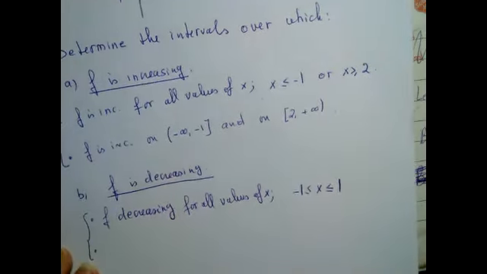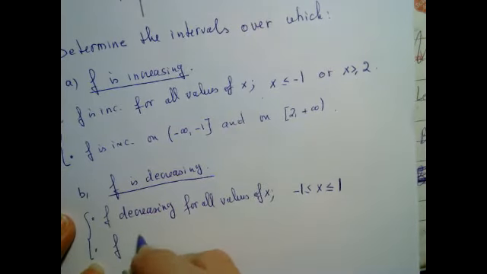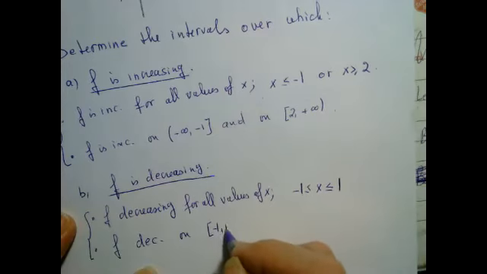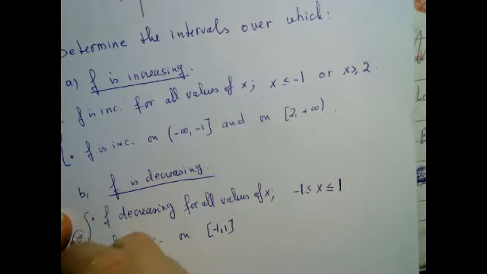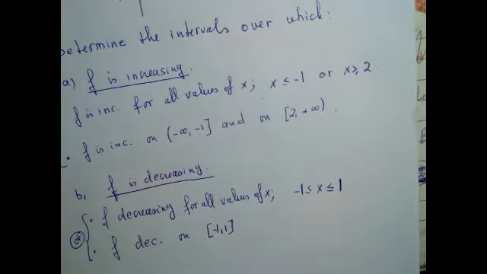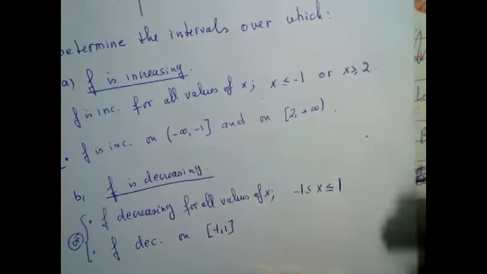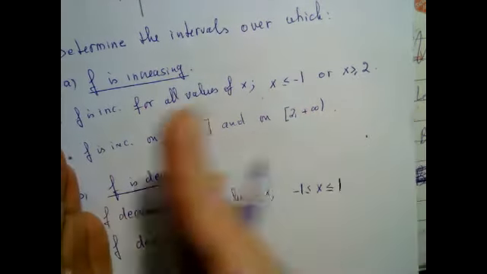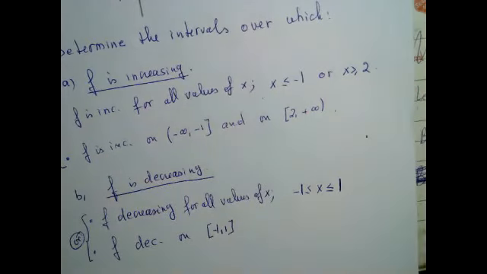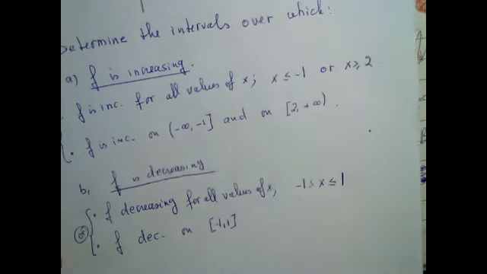That's how we write it. Or you can say f decreasing on the interval (-1, 1). Either way, describe it. So f does not decrease at a point. You have to let the input change, and it increases on an interval, not at a point.